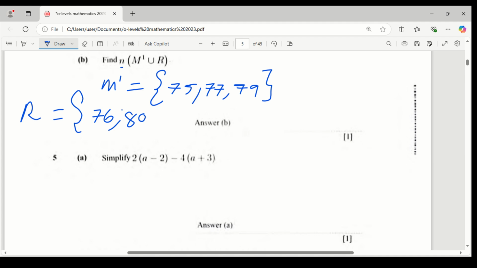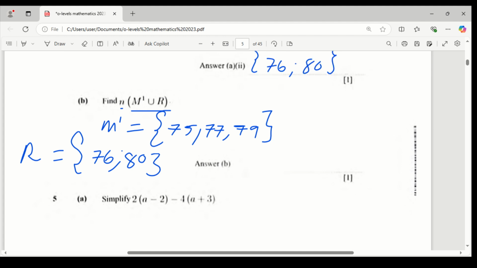It was saying M complement union R. So M complement union R is like you are combining the elements of M complement and the elements of R. So what you're going to do here, we are going to write M complement union R. It will include these elements that I'm going to write down here.